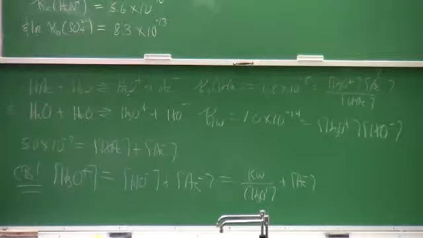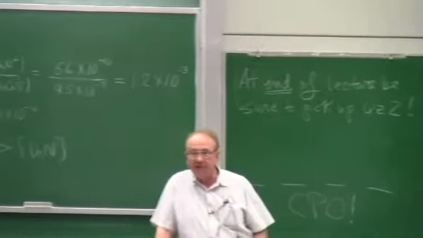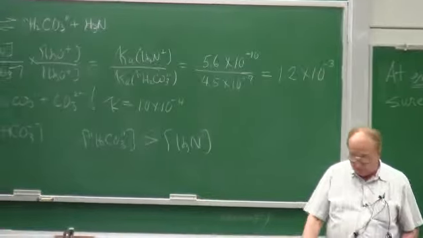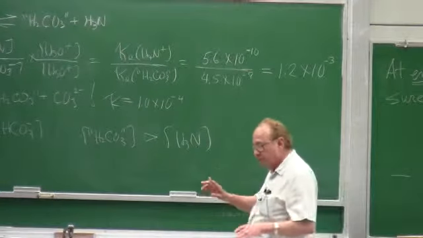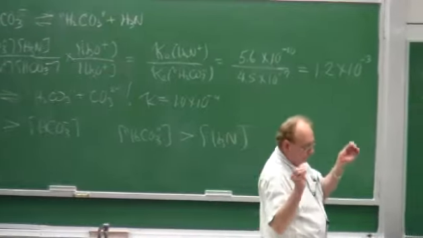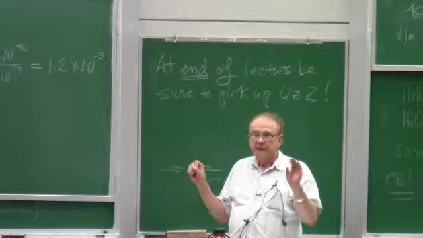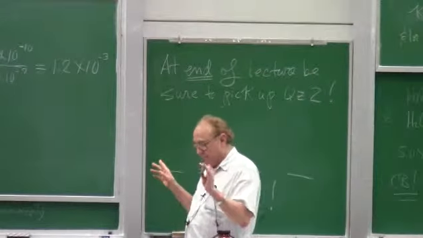Now then, a few remarks on chapter 19. This is kind of clumsy because some of you have heard about this and a few of you have not yet heard about this. But for chapter 19, let me say this to you. We're now dealing with equilibria, Ksp equilibria.